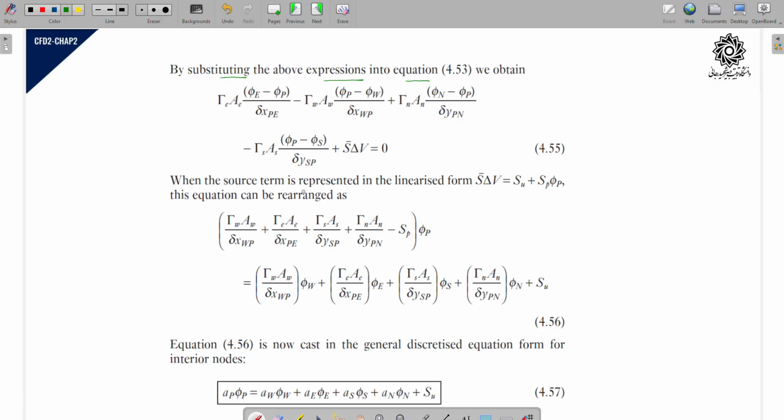When the source term is represented in the linear form S delta V equal SU plus SP phi P, SU is the intercept and SP is the slope of this line, if this axis is phi and this is S. This point is SU.